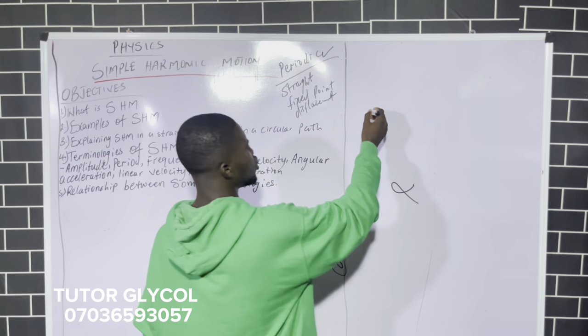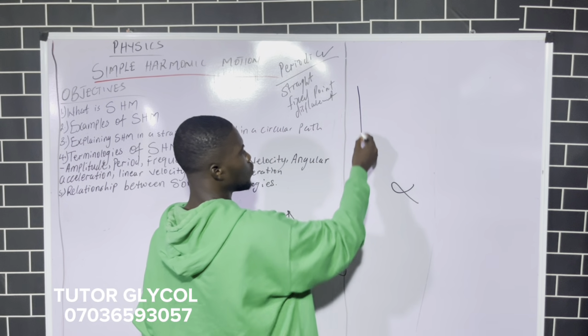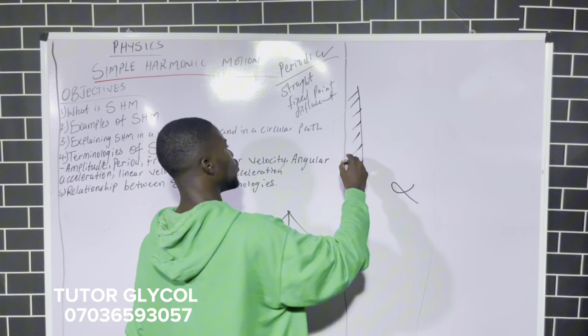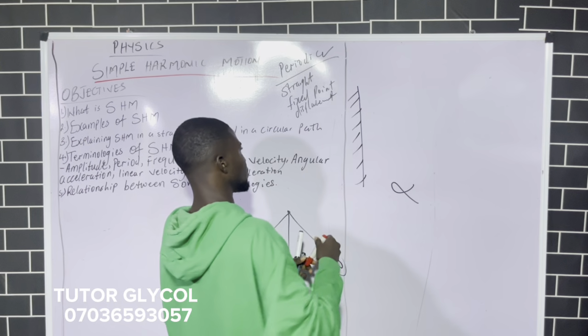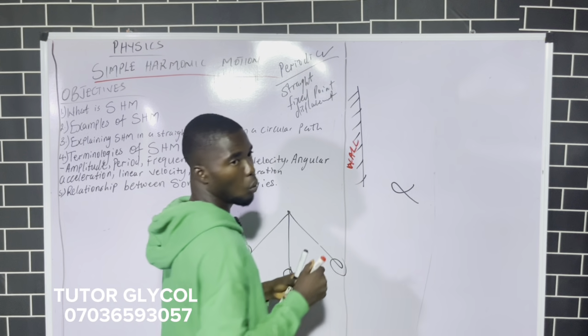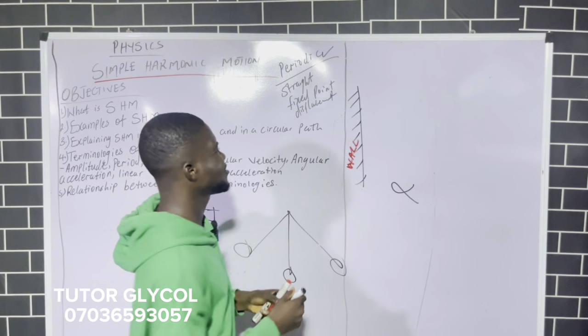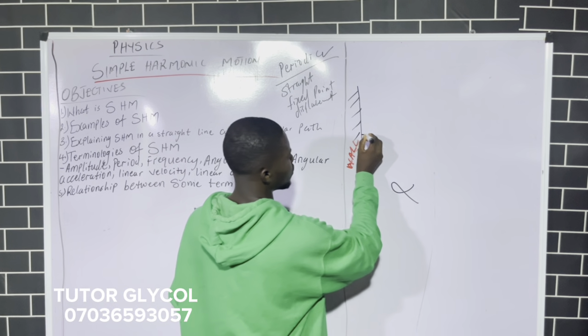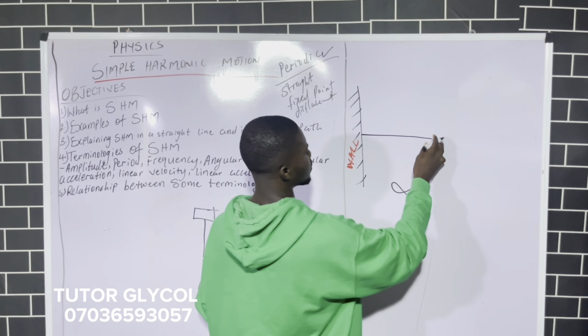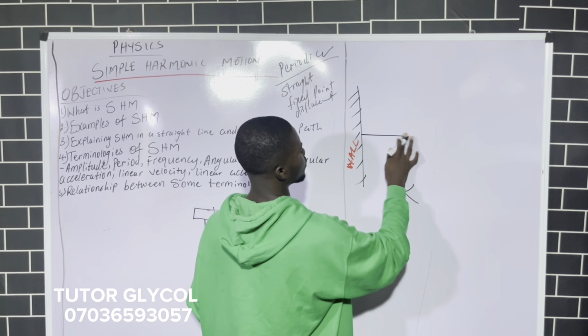So let's say I have a string. This is a wall. I want to explain that too. That's a wall. So I have a horizontal string here. Let me label it.